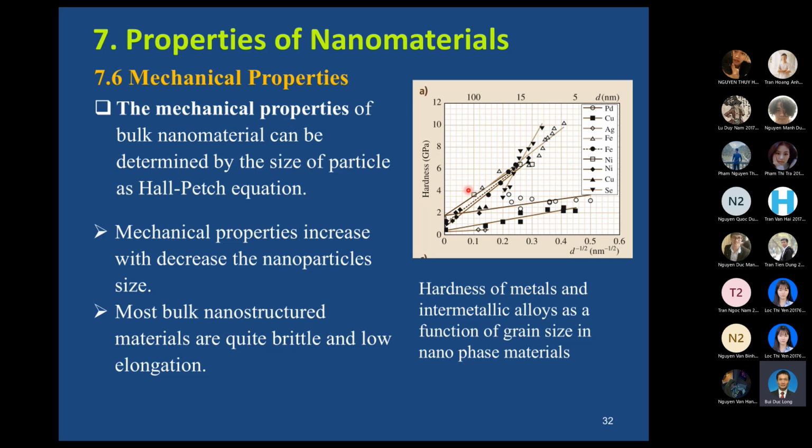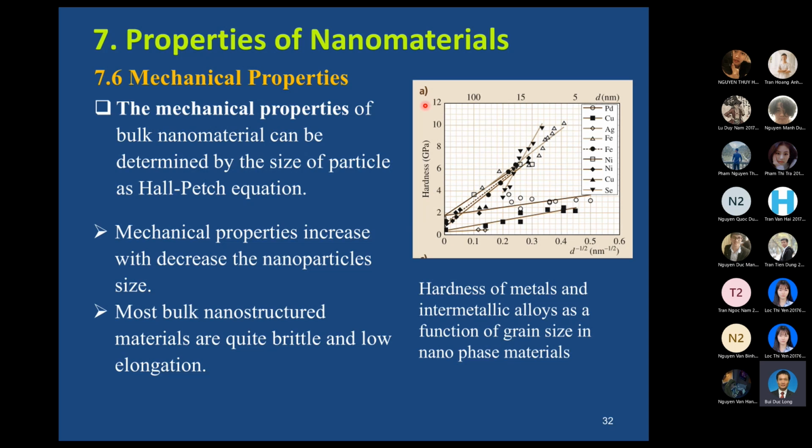So you can see here the hardness of metal and intermetallic alloys as a function of grain size in nanophase material. Here is the hardness, and here is the grain size of the nanoparticle.